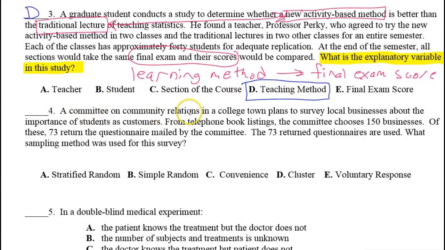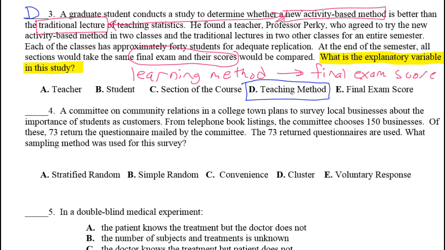So a committee on community relations in a college town plans to survey local businesses about the importance of students as customers. From telephone book listings, the committee chooses 150 businesses. Of these, 73 return the questionnaire mailed by the committee. The 73 returned questionnaires are used. What sampling method was used for the survey?